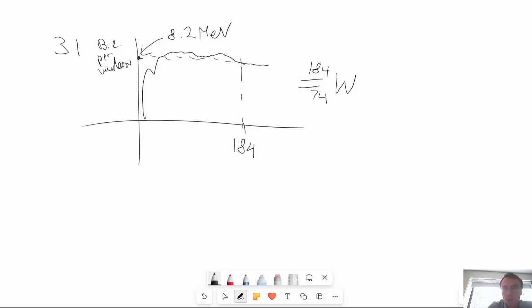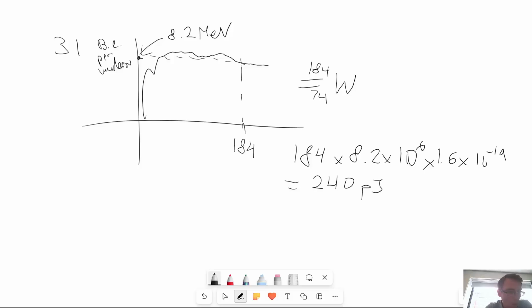So the total binding energy will be 184 multiplied by 8.2. Mega is 10 to the power of 6, and then I'm going to multiply by the elementary charge, 1.6 times 10 to the power minus 19, and this will give me around 240 picojoules, so 2.4 times 10 to the power minus 10 joules. It's not a super accurate reading of the graph, but it's clear that the correct answer has to be D because it is the closest value.